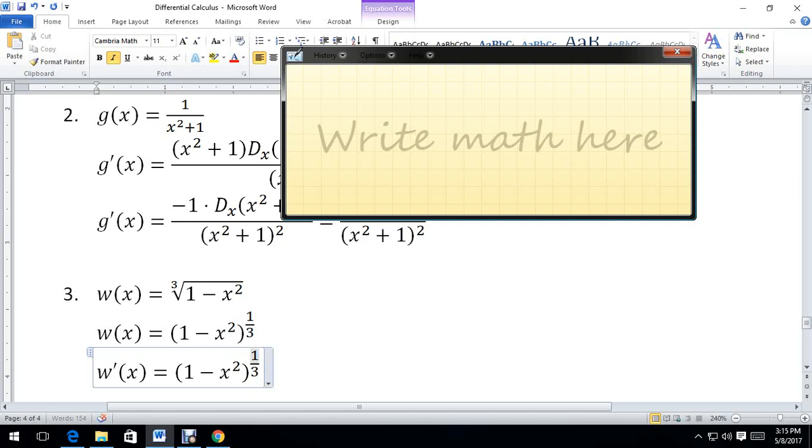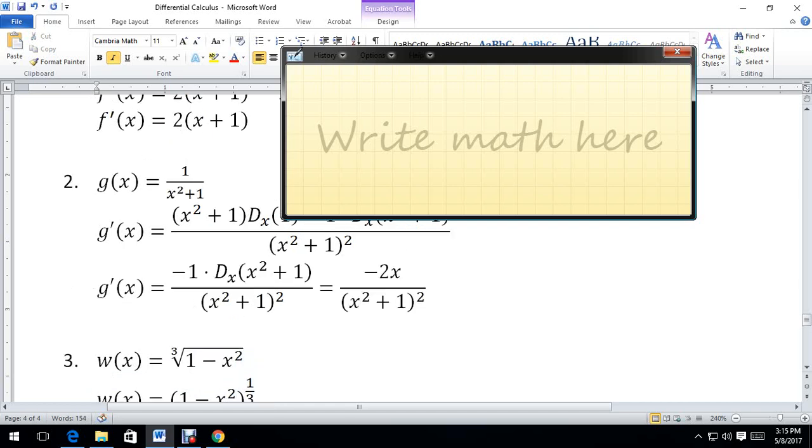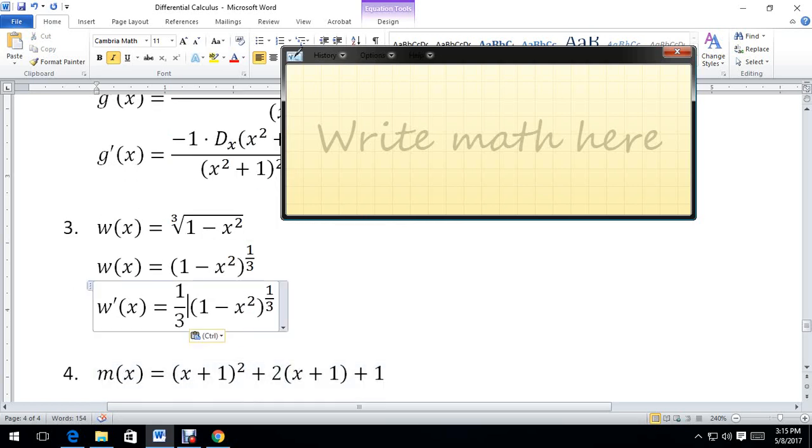Now, recall that the chain rule says that you have to bring down the exponent beside the expression, copy the base, subtract 1 from the exponent, then the next step is to get the derivative of the base.